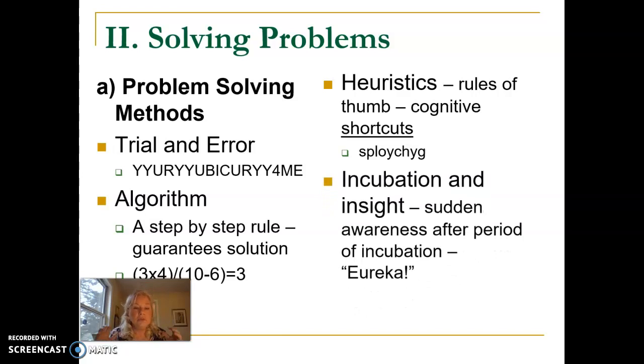Now, sometimes we just get the answer through what we call incubation and then insight, the sudden awareness after a period of incubation. So I'll give you 2 examples of some problems that involved this incubation and insight. So here's one.